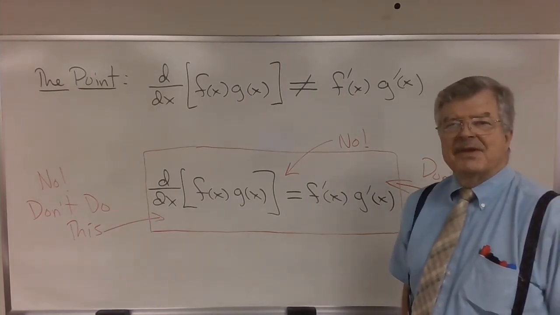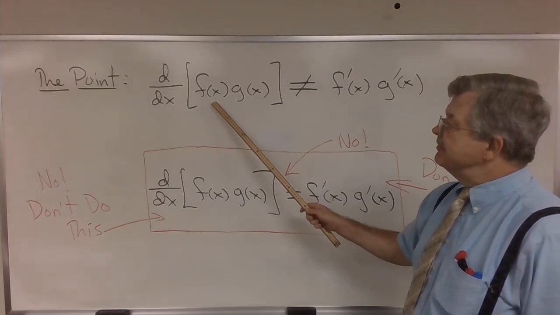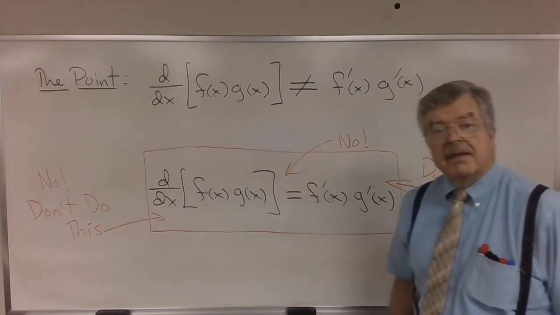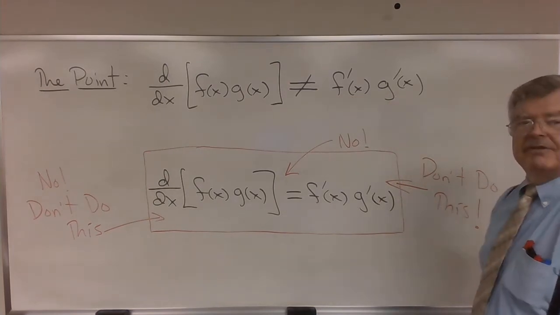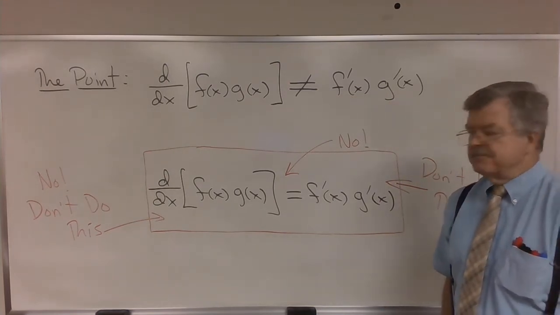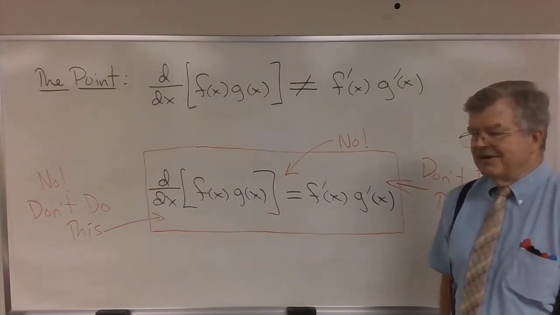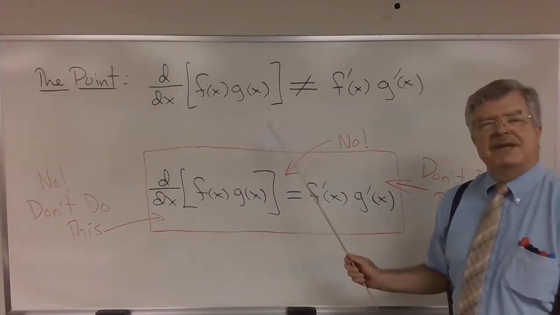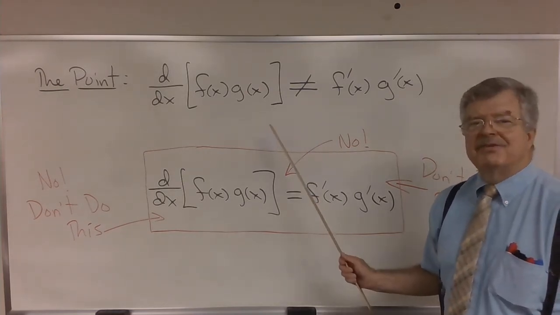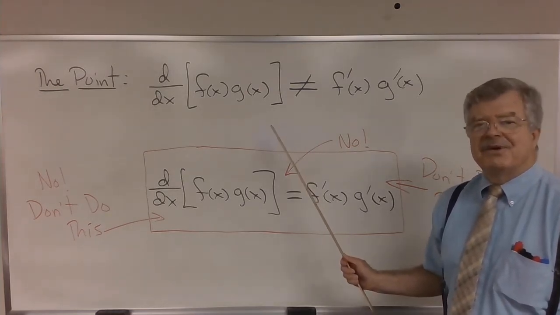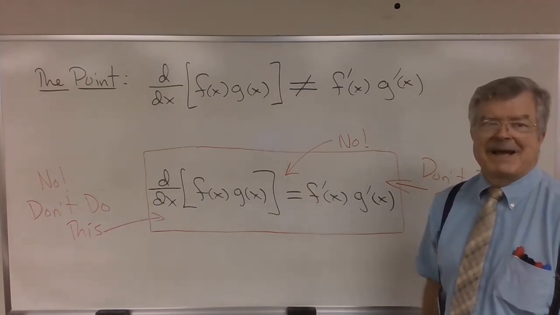Okay. We've established that we can't compute the derivative of a product by computing the derivative of each factor and then just multiplying them together. And please allow me the satisfaction of beating this horse to death so long that it never has a chance to come back to life.